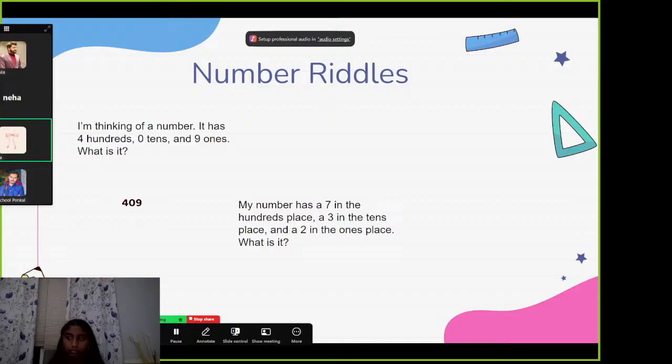The last part is there's a 2 in the ones place, meaning 700 plus 30 plus 2, because in the ones place, we do not add a 0. So the final answer is 732.